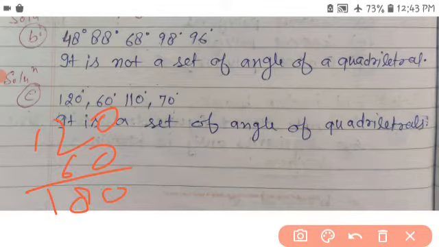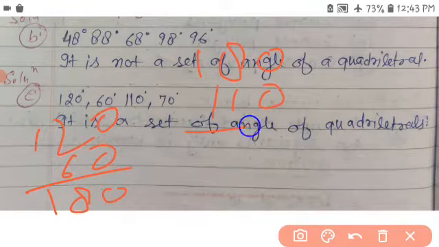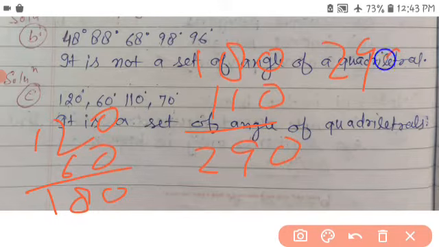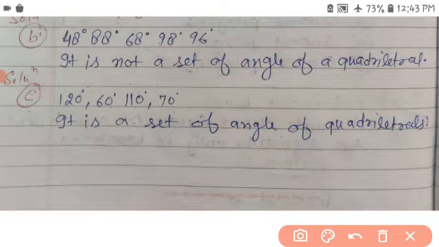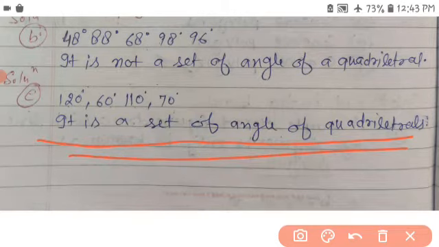Now 180 plus 110 is 290. 290 plus 70 is equal to 360 degrees. So it is a set of the angles of a quadrilateral.